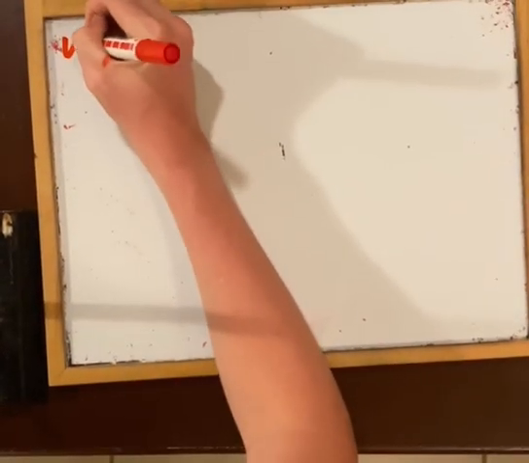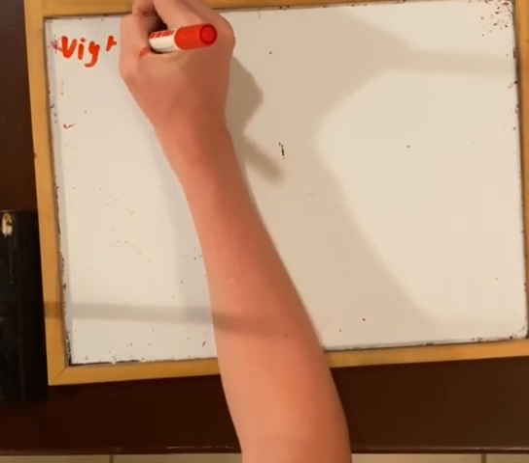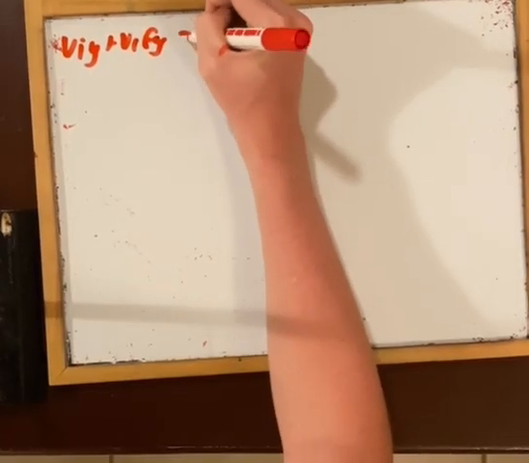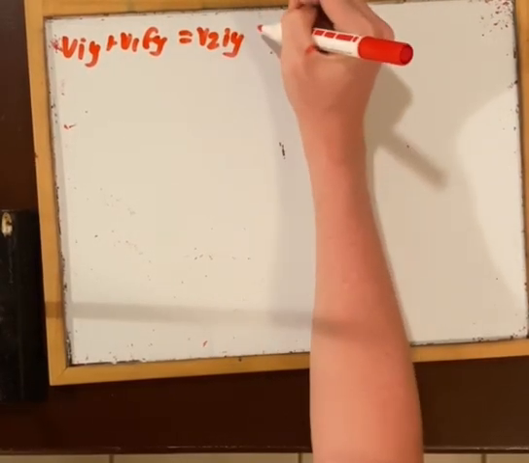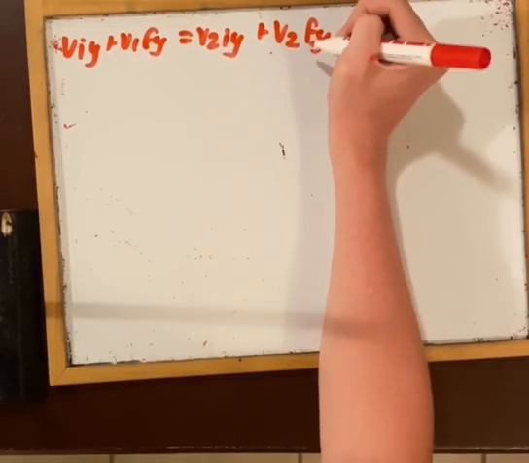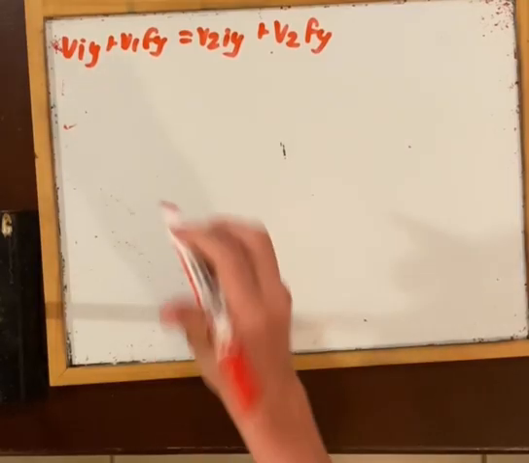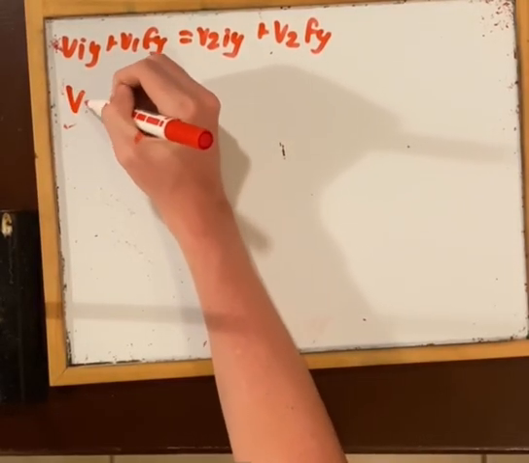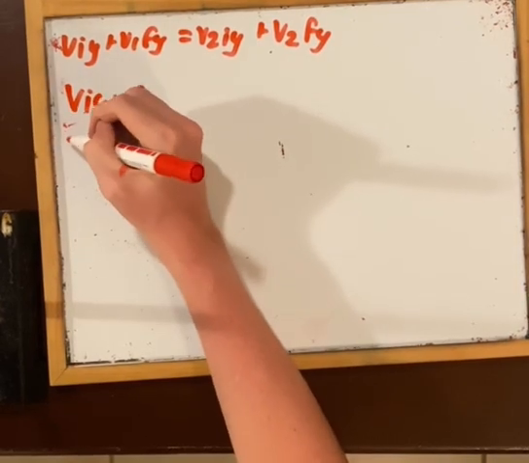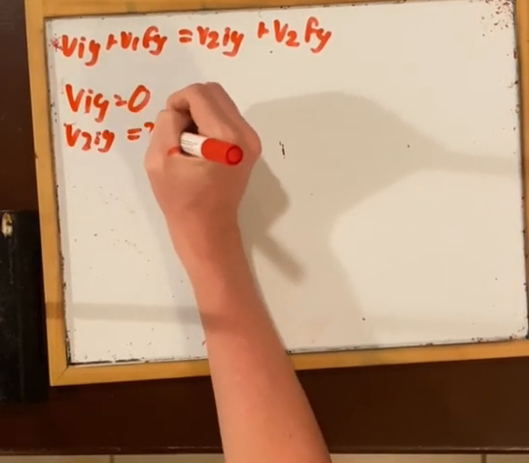Okay, so now we are doing the same method, but instead of x, we're doing y. So let's do our formula: v1i y plus v1f of y equals v2i y plus v2f of y. So now we have to substitute our initial values. Remember, v1i y equals 0, v2i y equals negative 2.0.